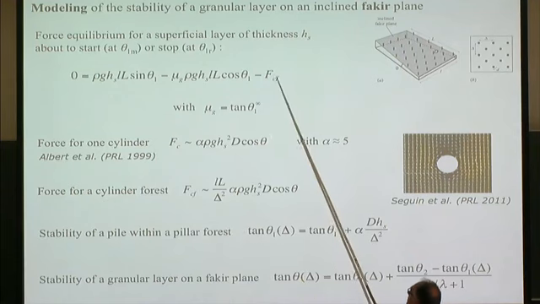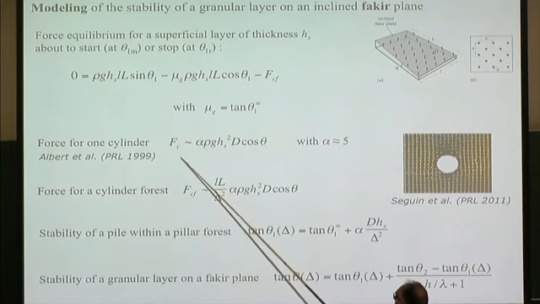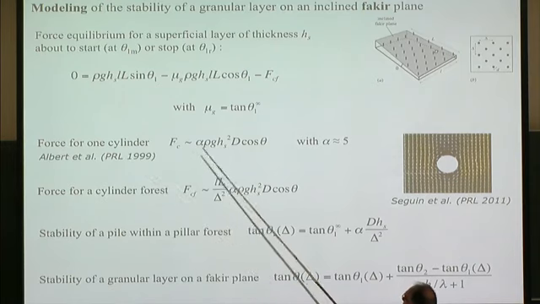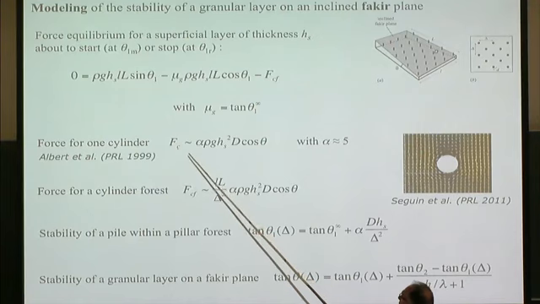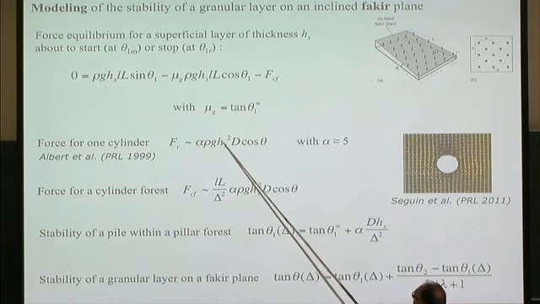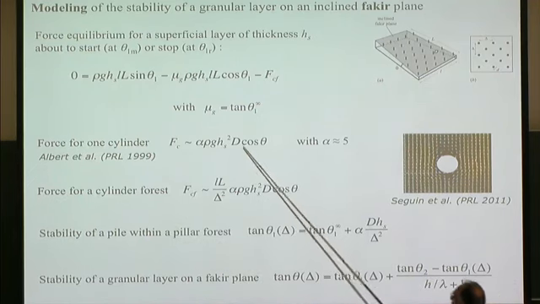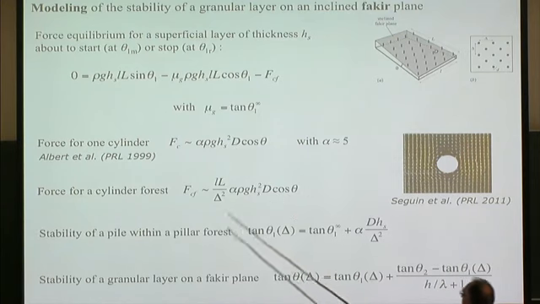And now, how can we write this term? We know that a granular flow exerts on one cylinder a force which is proportional to the thickness of the flow squared, and proportional to the diameter of the cylinder.